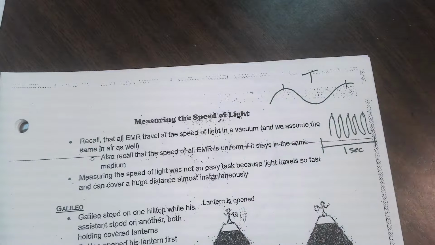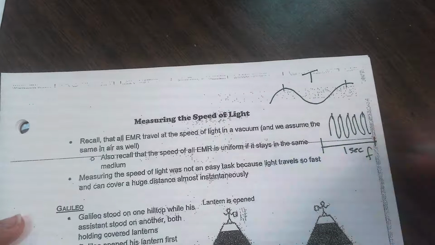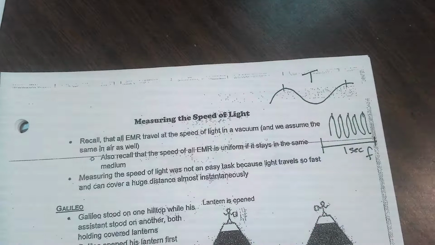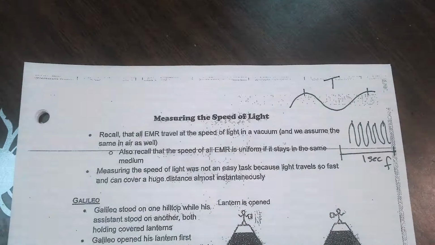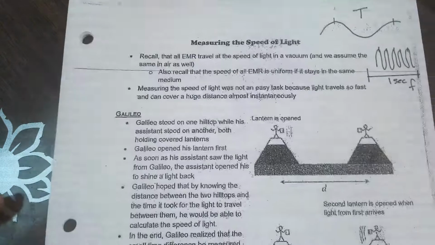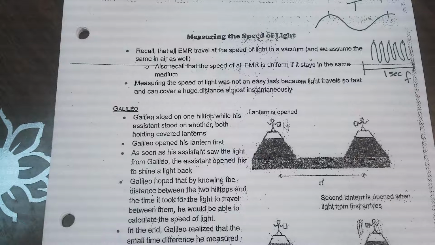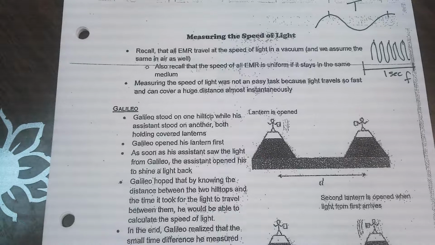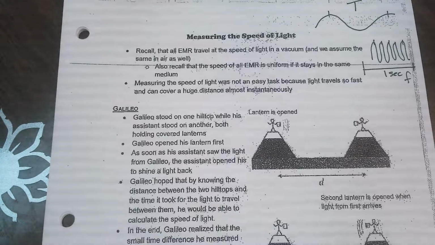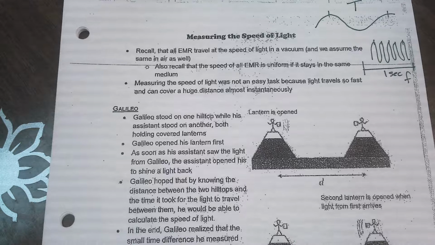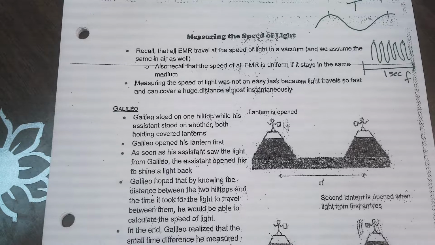So this is the difference between period and frequency, and we need to be able to float in and out of them and understand the difference between the two when we're talking about measuring the speed of light. The speed of light, or EMR travel, is constant, and it travels at the speed of light when it's in a vacuum or in air.